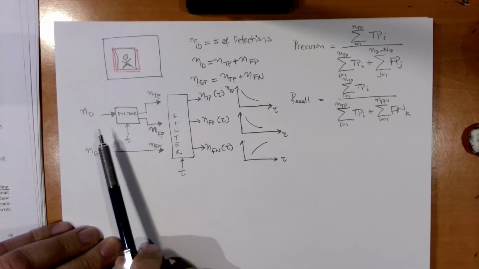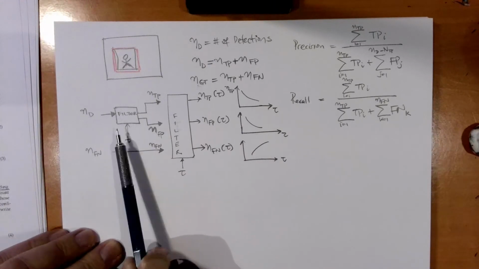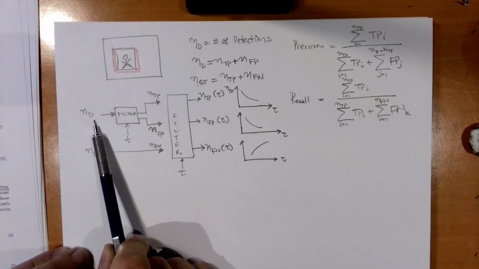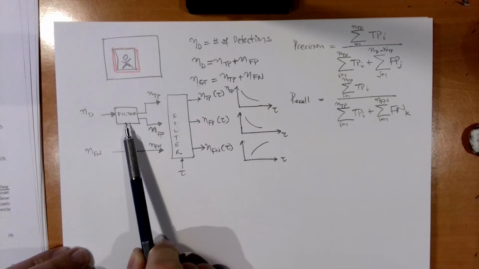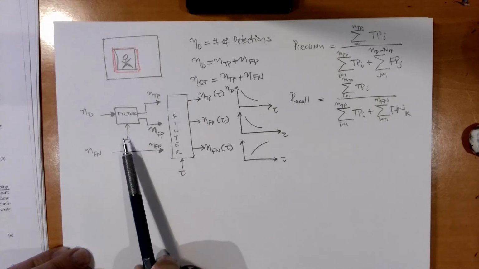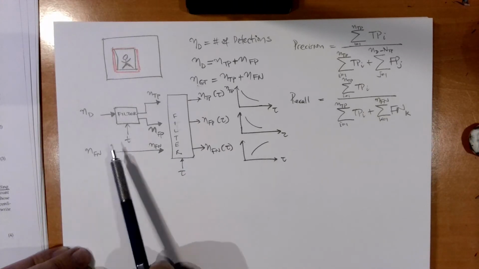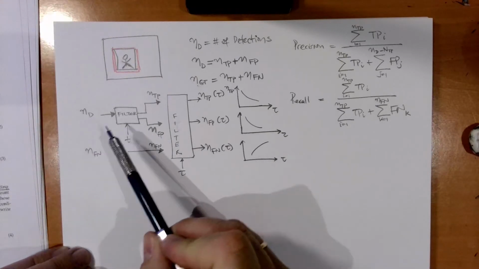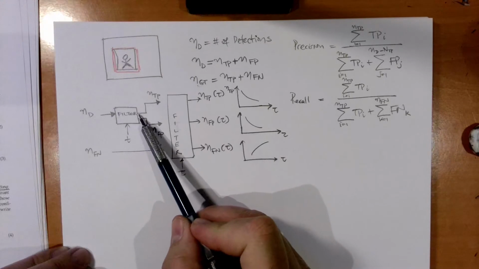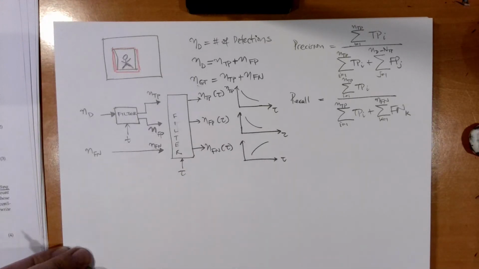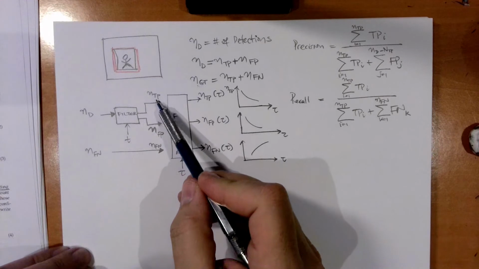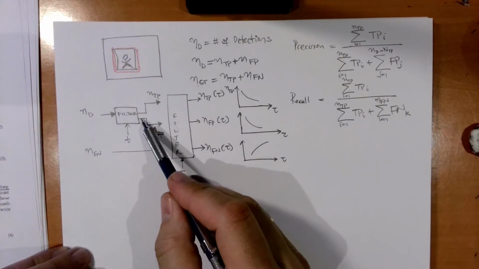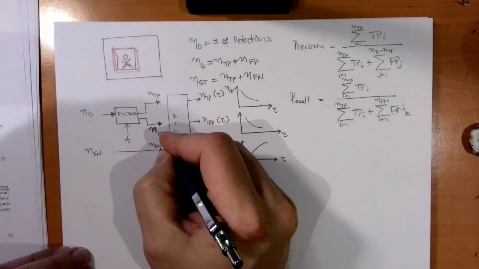We can consider the IoU threshold t as a kind of signal flow diagram of how it is applied. We have at the input N_D detections, and we can imagine this being split by a filter whose parameter is small letter t, could be 75%, 50%, and so on. So only detections with IoUs above 75%, let's say, are going to result in true positives, and the rest are going to result in false positives.